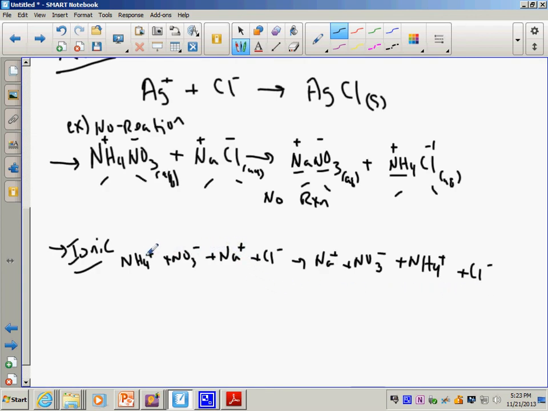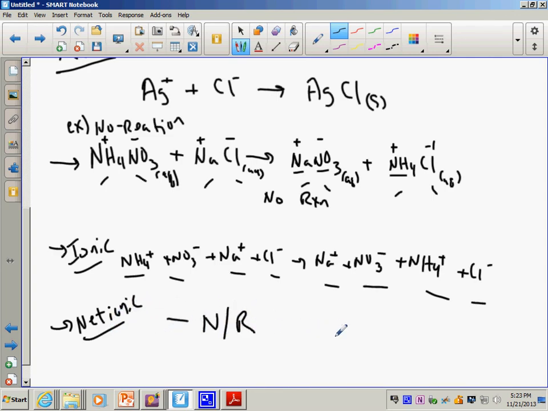The order in which I list them in the equation has no meaning. So really, this side is no different than this side. In fact, if I were to try to write a net ionic equation, you would simply be eliminating everything. Everything would be eliminated because nothing changed, and there would be no net reaction, no net ionic equation, so it still would be no reaction.